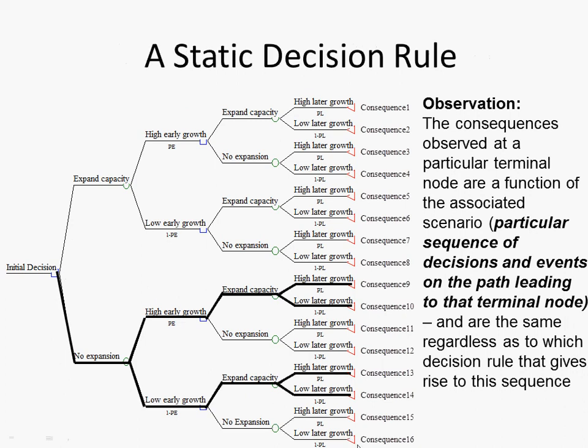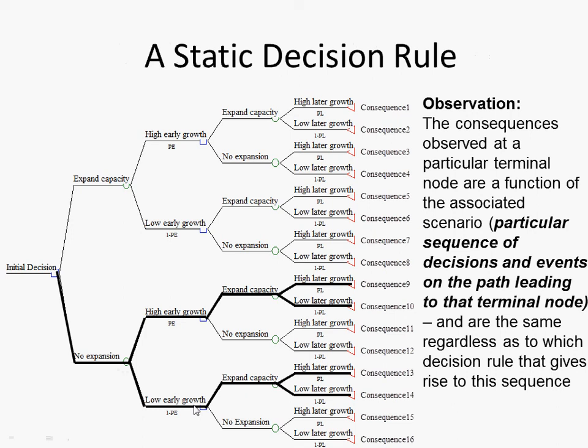We could do a rollback along these particular paths and evaluate this. Now, you notice with this decision rule, whether it's static or adaptive, there are certain underlying essentials. We have no choice at this point. This is an event point. It's not a decision point. We have no choice what event occurs.